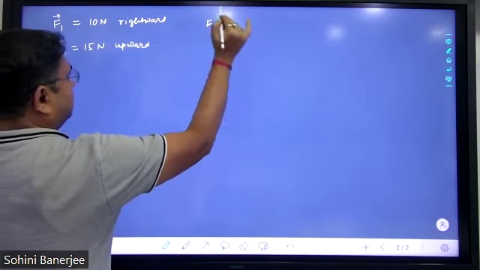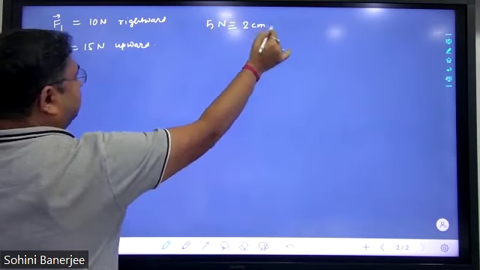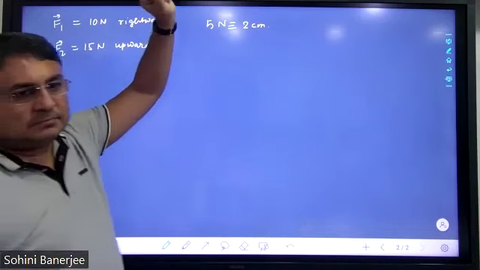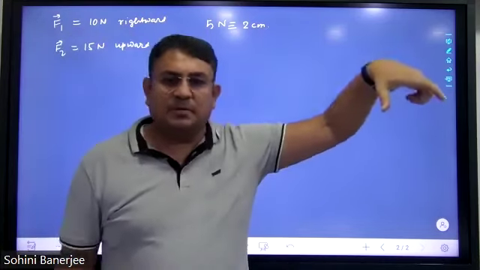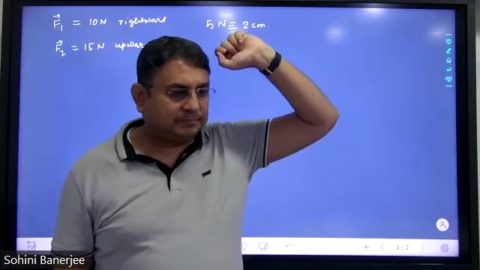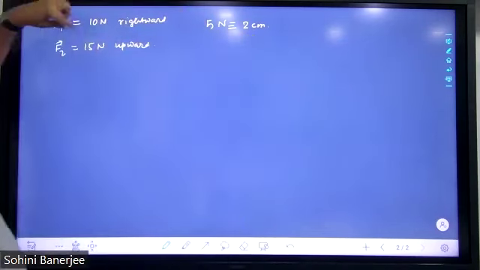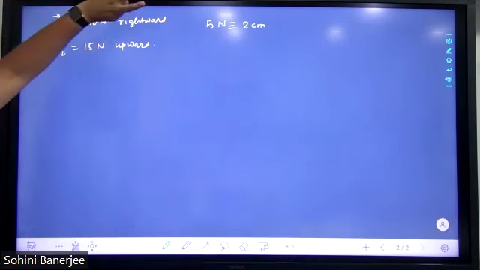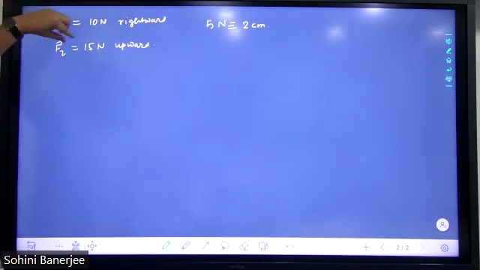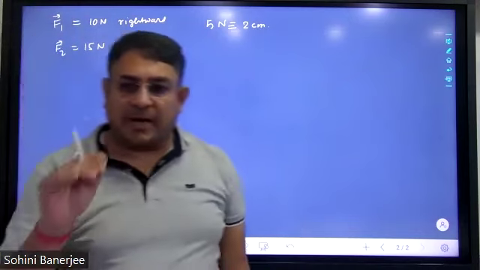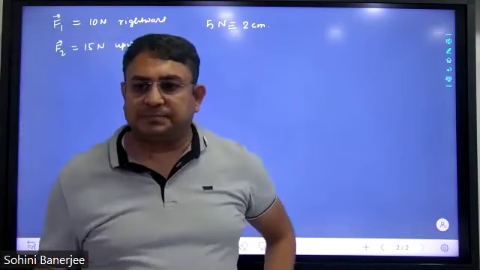Say 5 Newton is represented by 2 centimeter. I choose a scale of this. That 5 Newton in the geometry would be represented by a 2 centimeter long straight line. Then to represent F1, I should represent it with a 4 centimeter long straight line, and F2 with a 6 centimeter long straight line. Clear? That is how we represent the magnitude of the vector in the geometry.